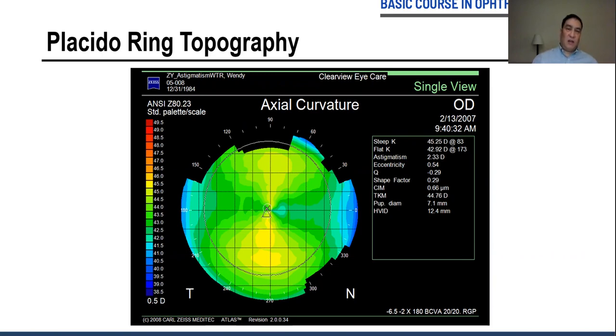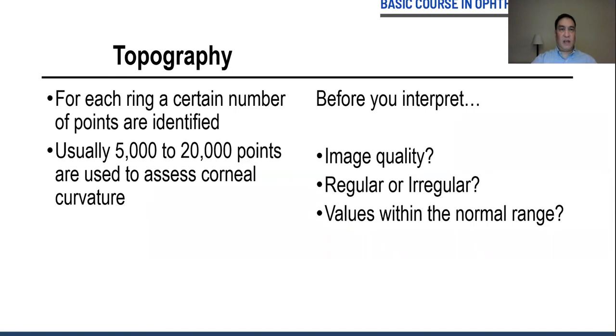Don't worry, this gets more confusing. So in a Placido-based map, an upright figure of 8 is a with the rule astigmatism.